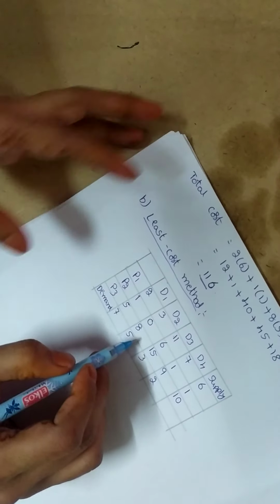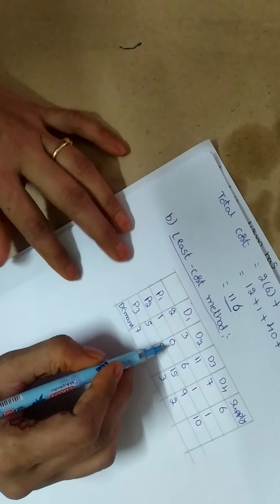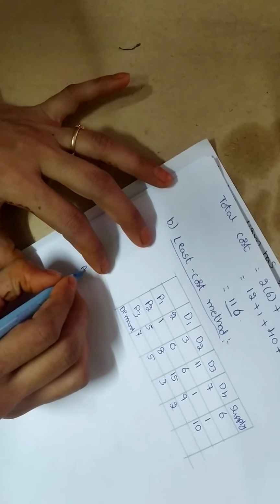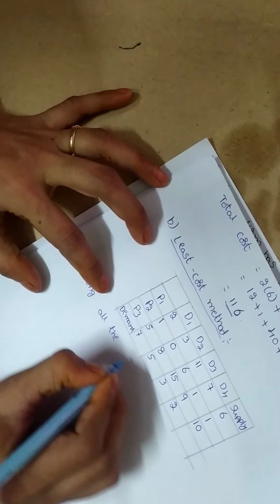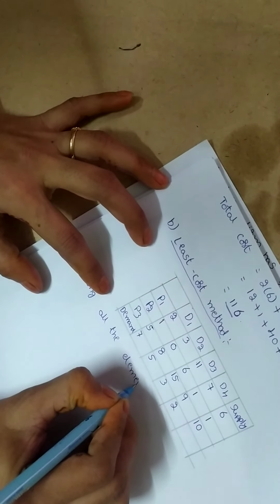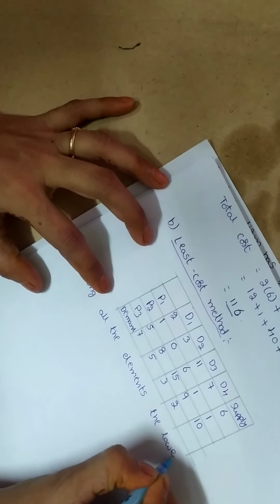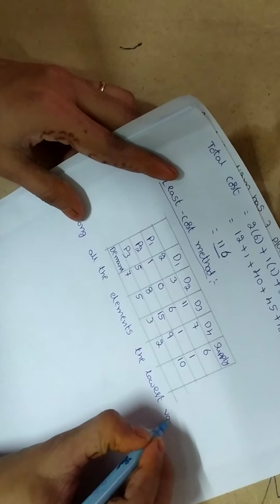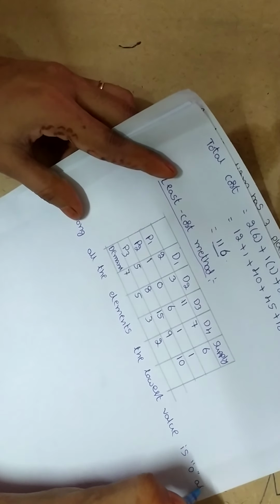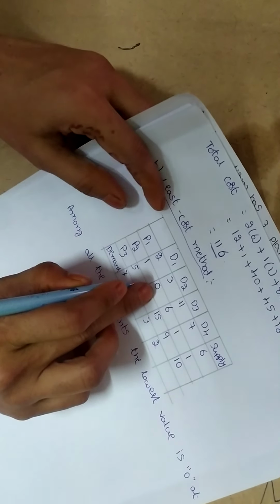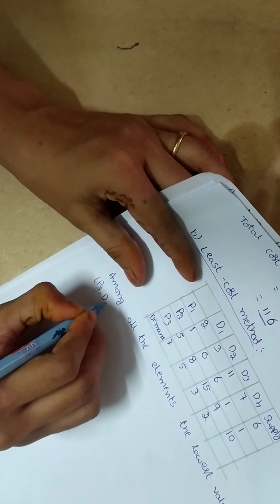Among all the cost elements, the minimum value is 0, and it exists at only one place, that is P2 comma D2.